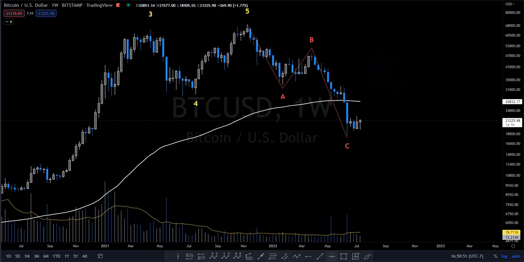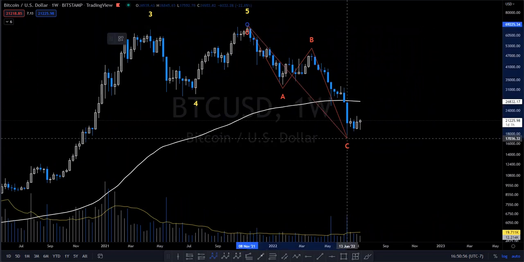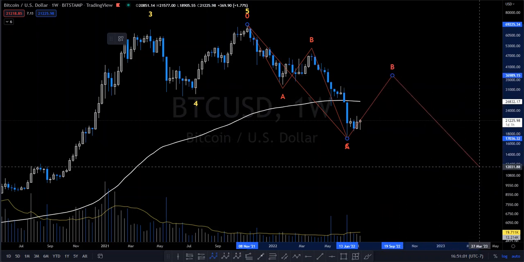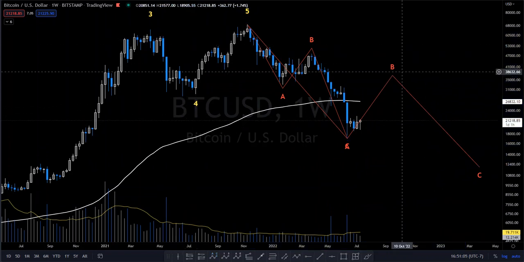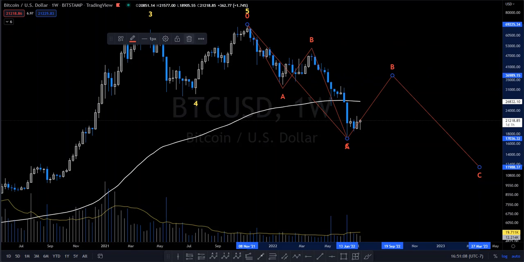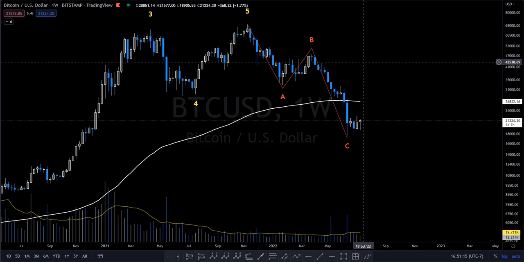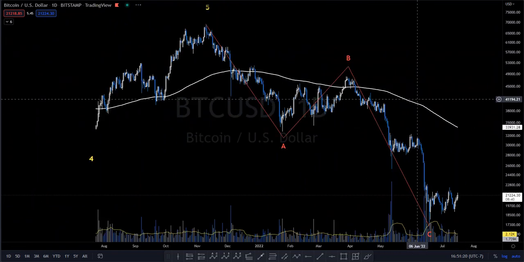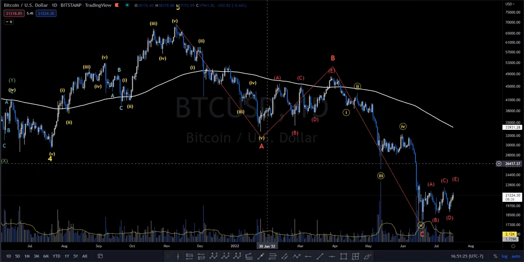If we say this is the big A, we can see a B wave, then another wave down, the C wave. But this is only what I think, and I'm not saying it will happen for sure, but it can happen. There is a possibility for this reaction here.